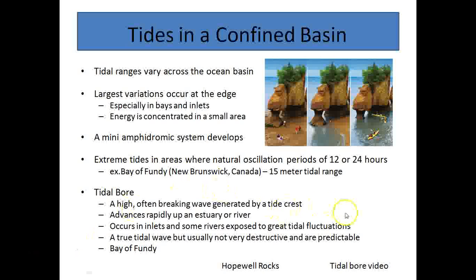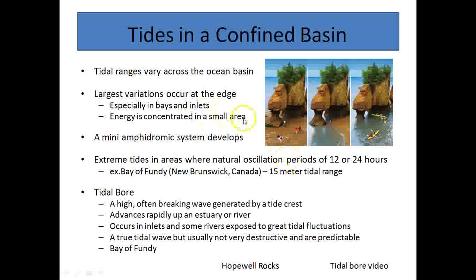Tides in a confined basin. So the range of high and low tides varies across different topography that they come across around the Earth, and they certainly vary within different ocean basins.